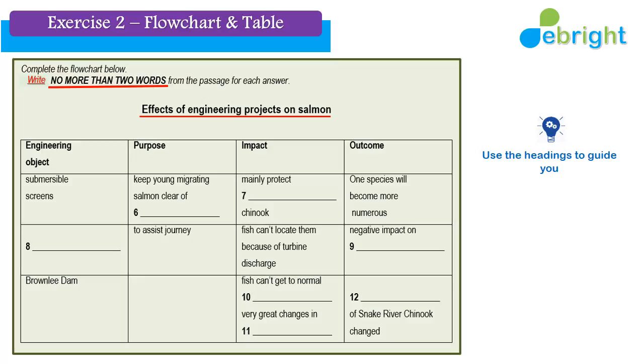So we read about the engineering projects problems in salmon in the last 3 paragraphs of the text. Let's see the tip over there. Use the headings to guide you if you find this kind of table question. The first heading is engineering object, and the second heading is purpose. The third heading is impact, and finally outcome over there.